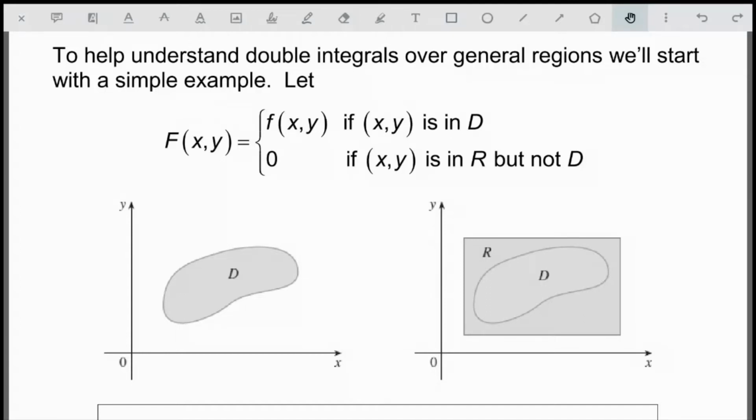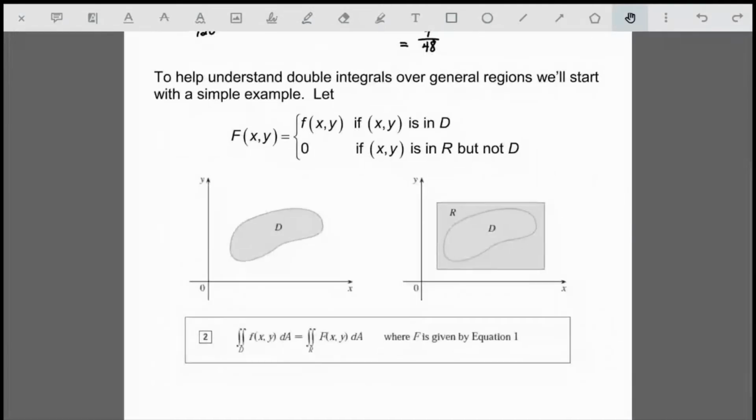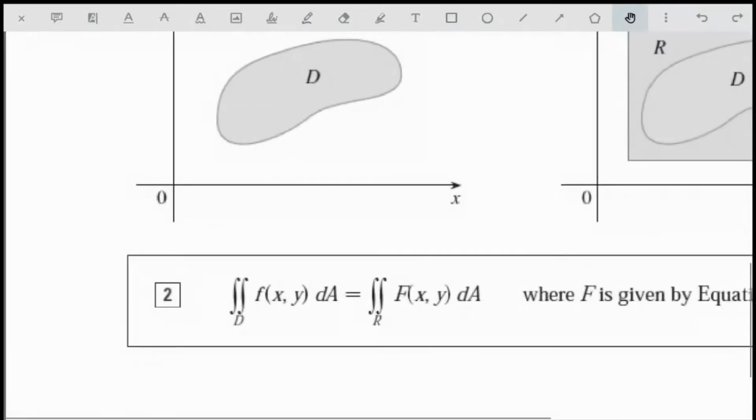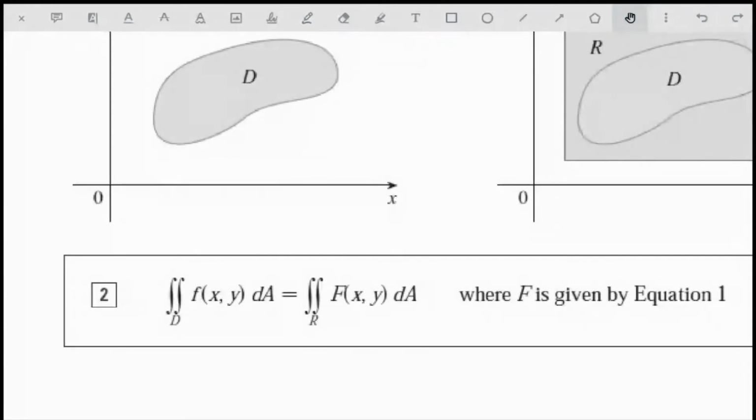So really, when we look at an integral of this function on the region R, we're really just looking at the integral on the region D. Okay, so you can see that those are essentially the same in this particular case.